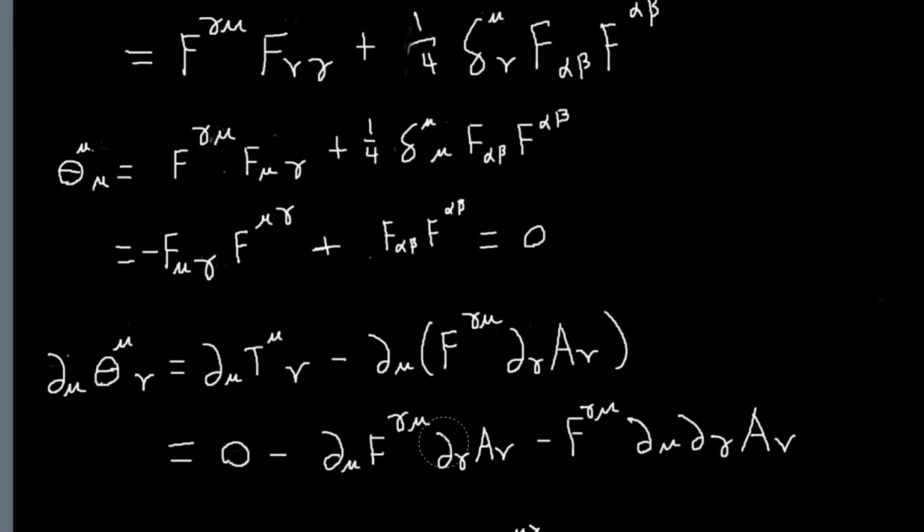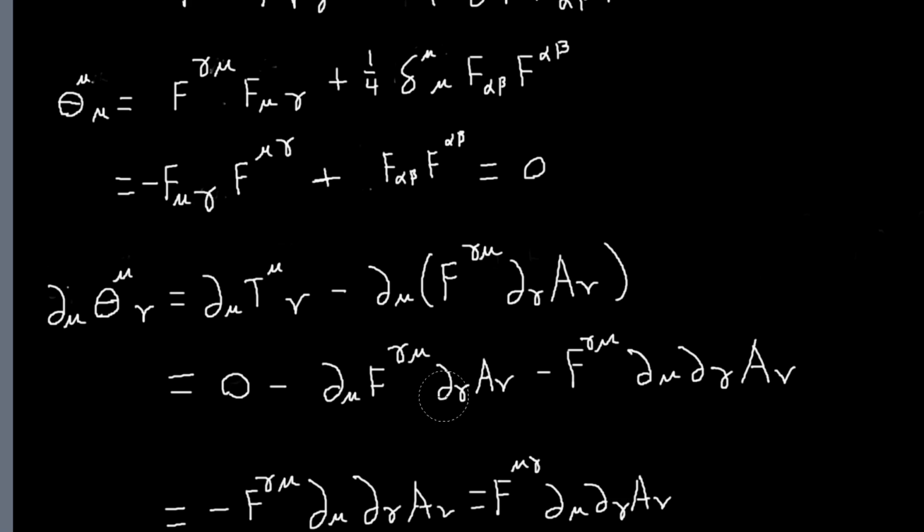And then the second term, we have d mu d gamma A nu. So this term, the equations of motion, if you remember, were just d mu F mu nu equals 0. So this is of that form. So this is 0. So that term goes away.